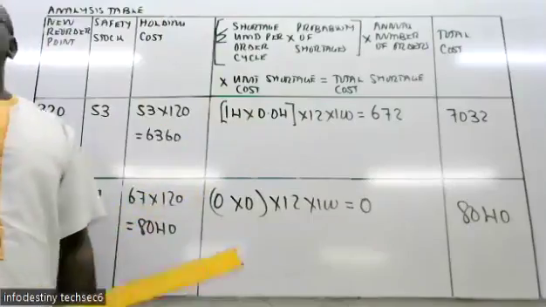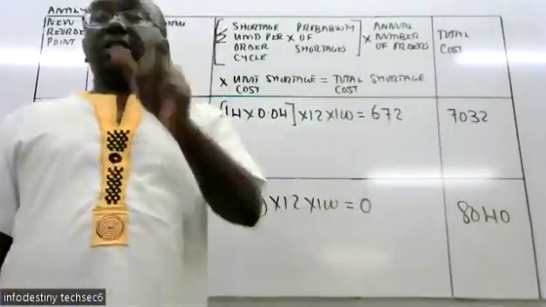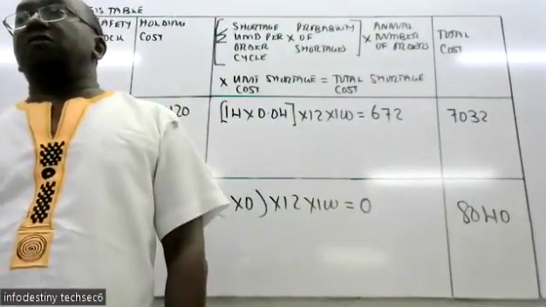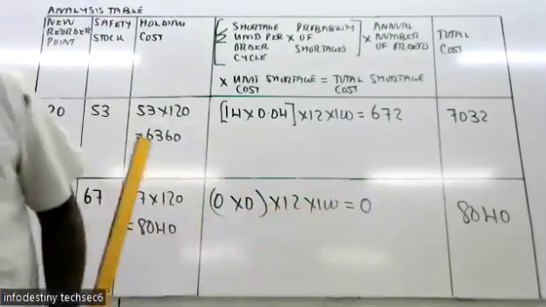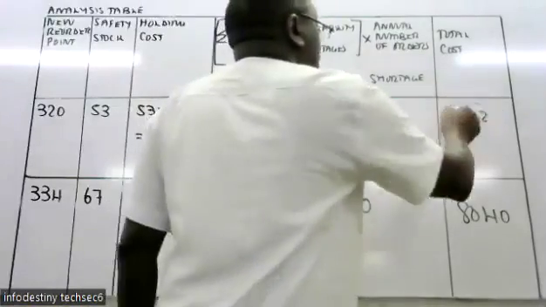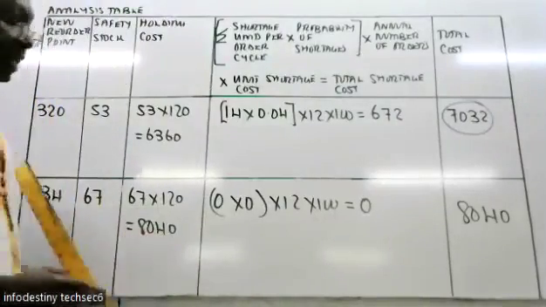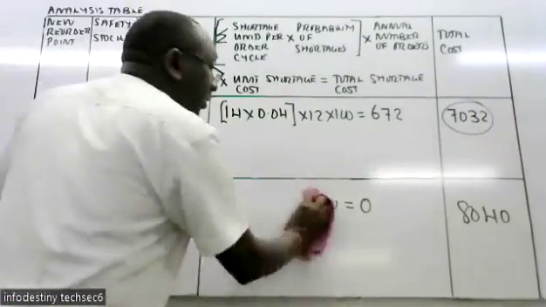So what you do now, you come to the column here, total costs. You scan all through and you settle for the smallest of those. So the smallest of those is 7032. So if that is the case, you now down there tell us the summary.